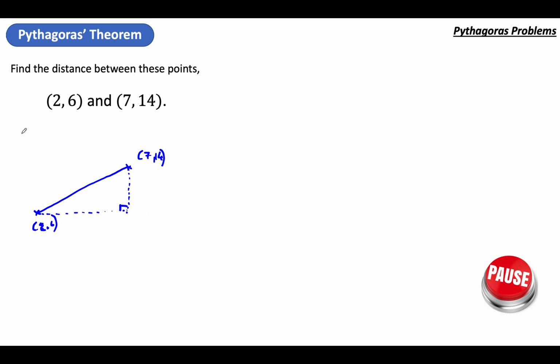Well, remember, coordinates are made of x and y. We've moved from 2 to 7 across, which means that length is 5. And the height, we've moved from 6 to 14, which means the height has a difference of 8. It's not to scale, but that doesn't matter. And of course, I'm trying to find the long side.